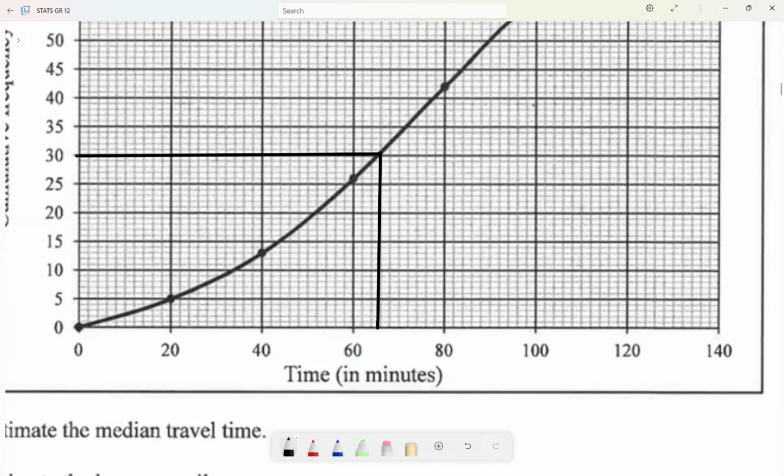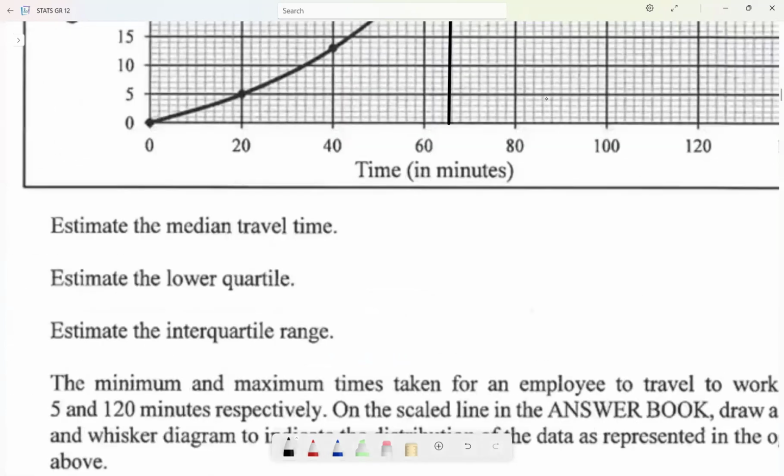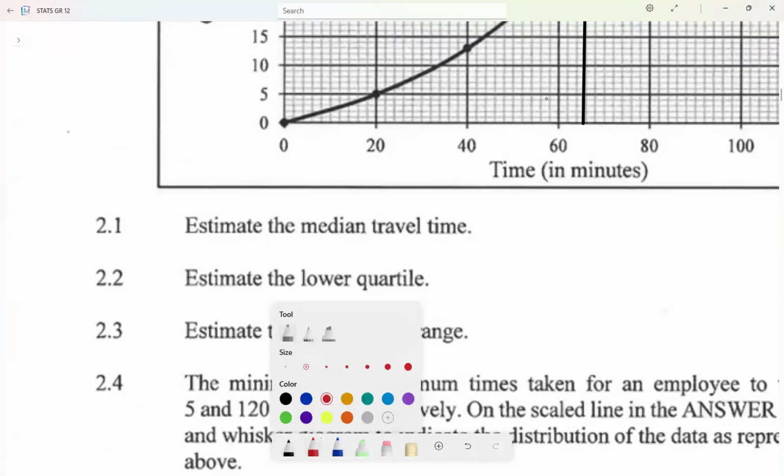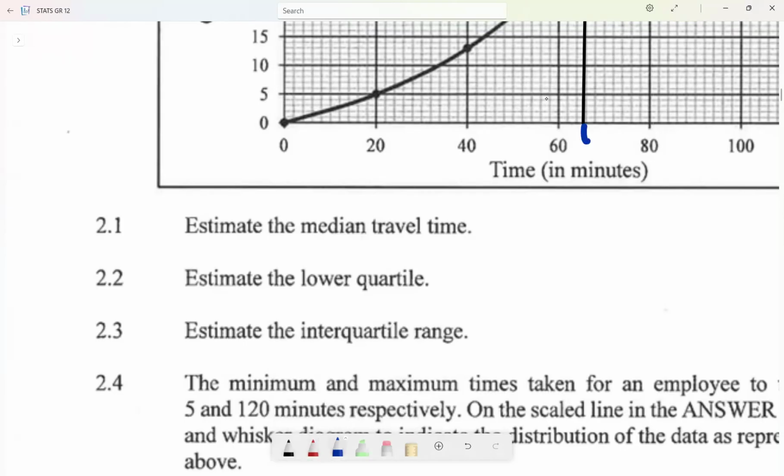So now I get my median. This is the median thereof. Let me note it down here and say this is my median, 66.